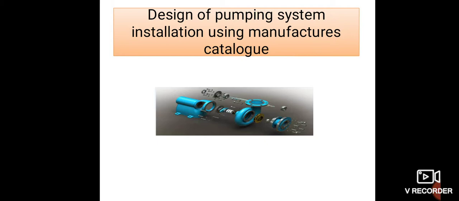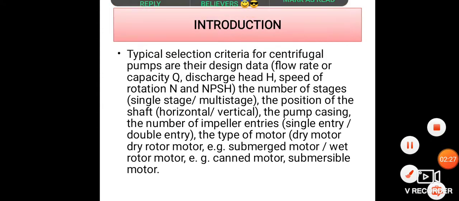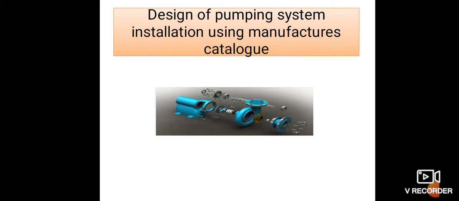You can see this first slide. There are various components we are going to design. For designing the centrifugal pump, we will decide some initial parameters: types of fluid, types of impeller, types of casing, shaft position, types of impeller vanes, number of stages, then selection of speed of the pump or speed of the motor, then specific speed.